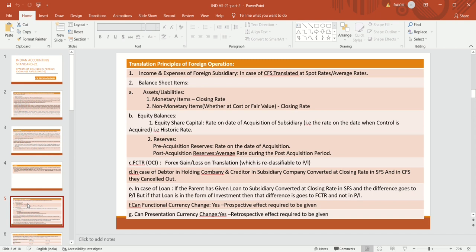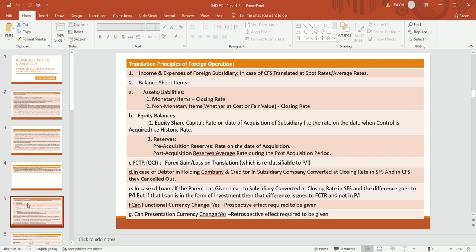If the subsidiary balance sheet is prepared in dollars and the holding balance sheet is prepared in rupees, then all the asset, liability, income and expense of the foreign subsidiary is to be translated into Indian rupees. So what rate we will take into consideration for translation, that we will discuss.